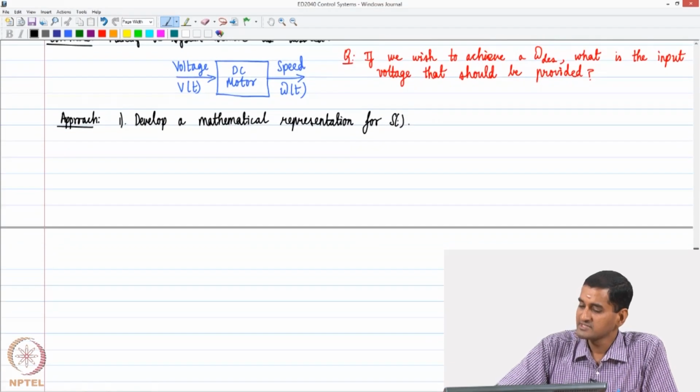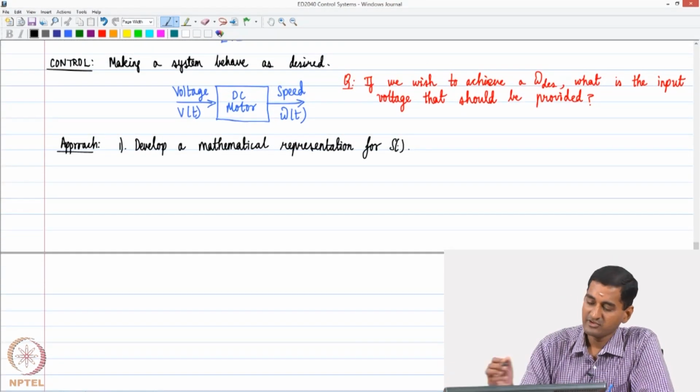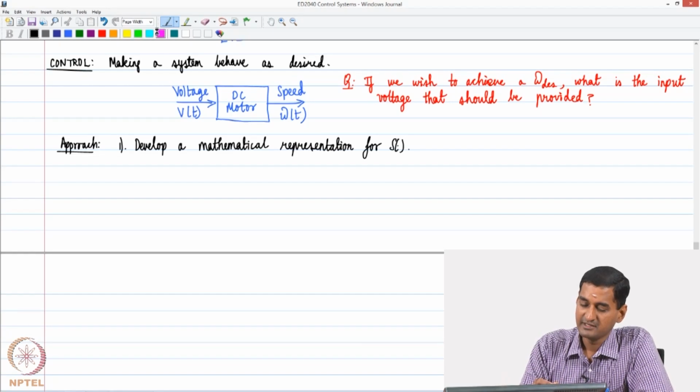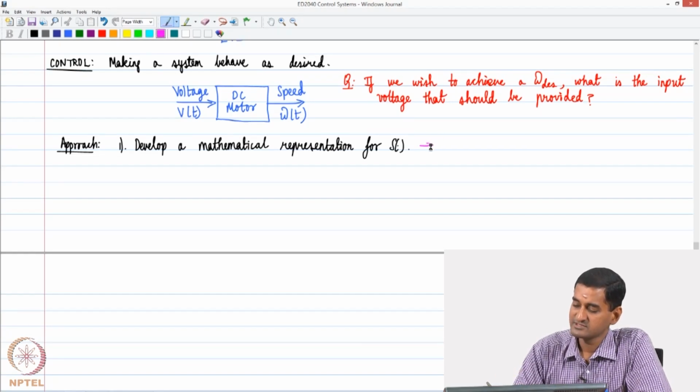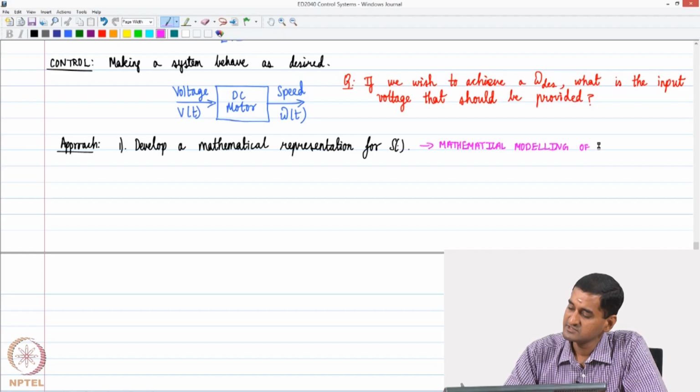If you recall what S was, S was the mapping between the input and the output. The process that we will follow is essentially to get a mapping for S. So this typically constitutes what is called mathematical modeling for dynamic systems. So this comes through mathematical modeling of dynamic systems.